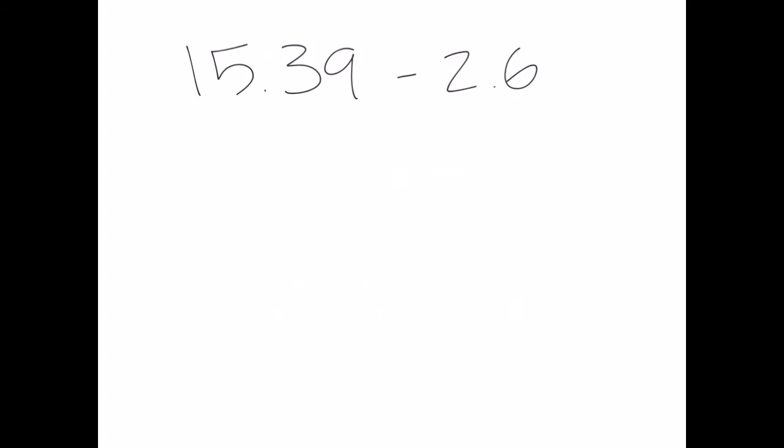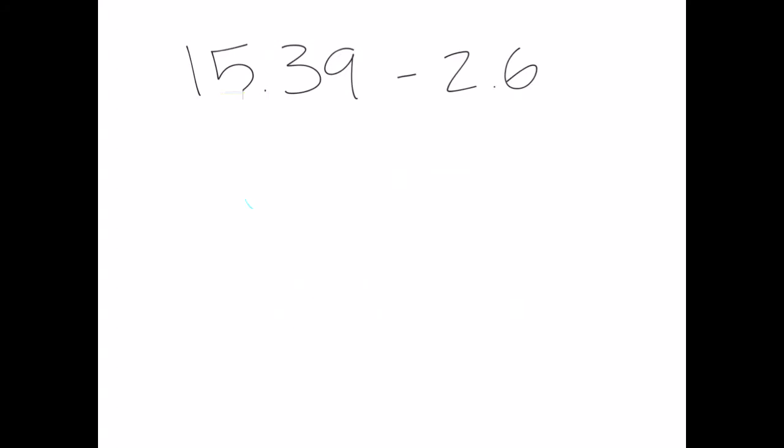Negative 1.44 divided by 1.2. Now we gotta do all the division. The fun stuff. I don't want to take up too much space, so we'll do it later. So move over.